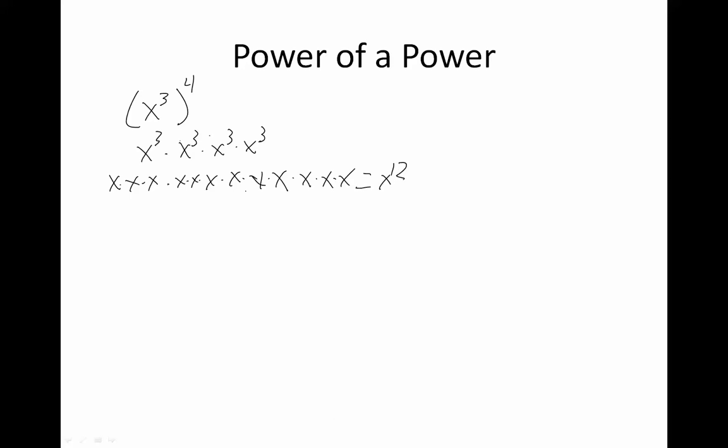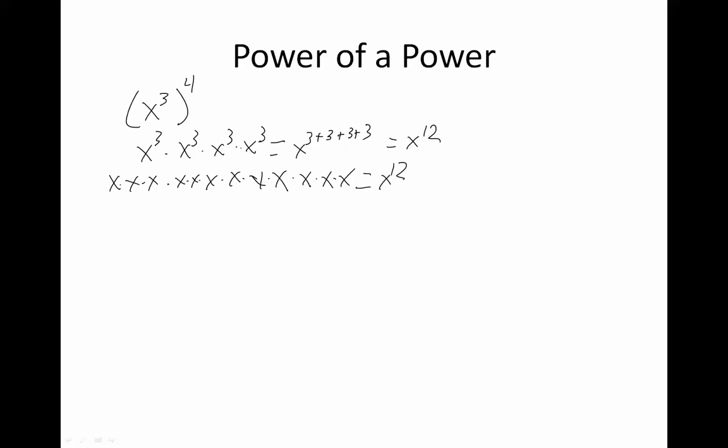We could also use this one with the product of powers property that we just discussed. This is 3 plus 3 plus 3 plus 3, which makes it x to the 12th. However, if you've noticed that 3 and 4, if I'm going to take x cubed by itself 4 times, what I'm really doing up here is adding 3 to itself 4 times.